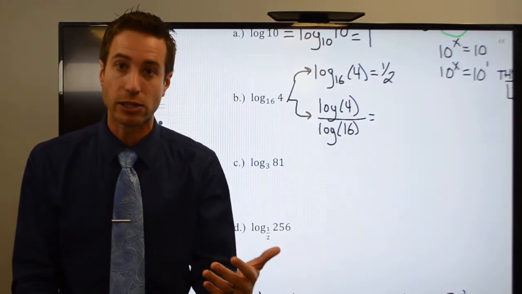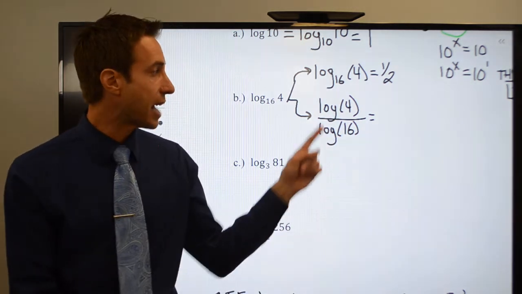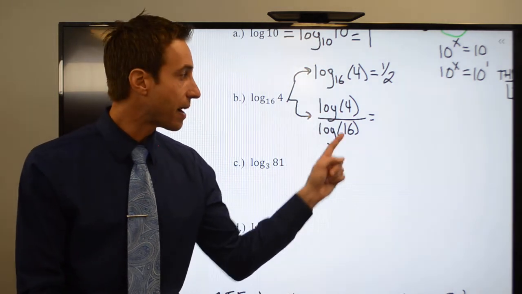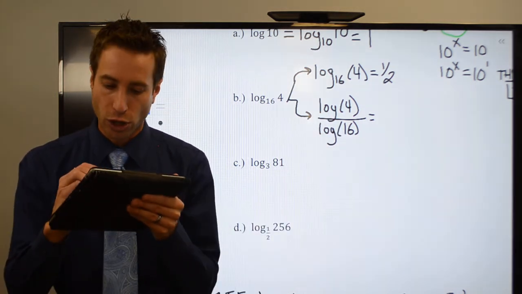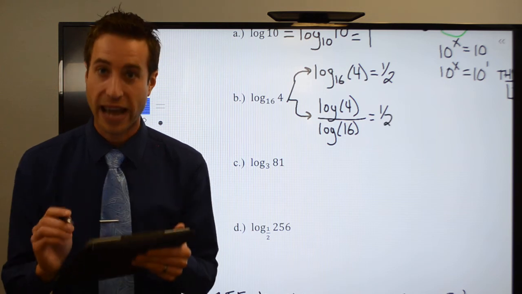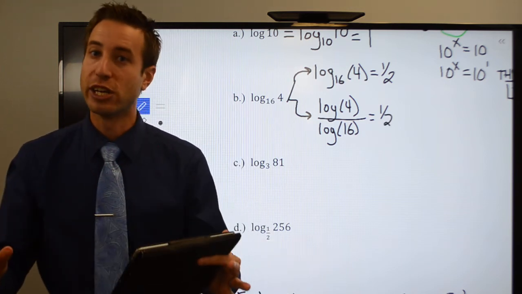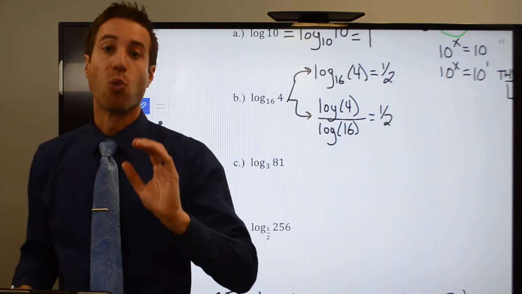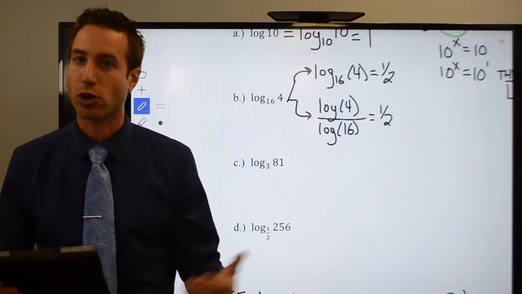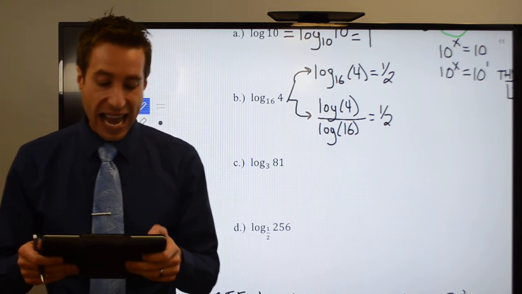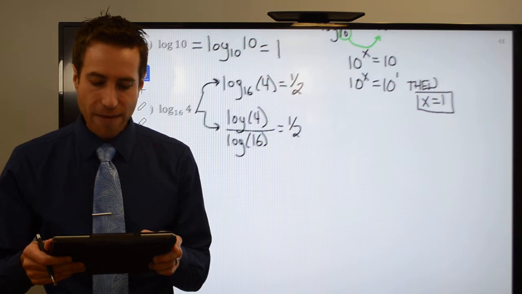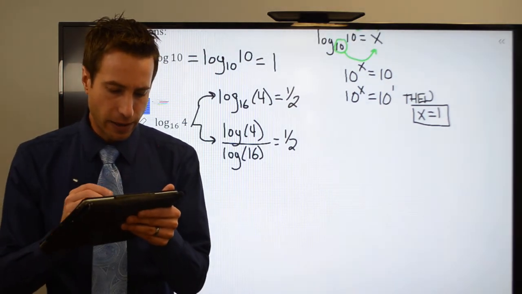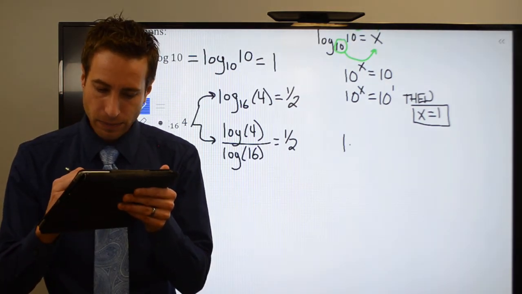The base isn't written, so it's an implied 10. And if you do that, log of 4 divided by the log of 16, you are going to get 1/2. So depending on which calculator you have, there's a way to do these problems regardless of the calculator that you have. And of course, as I promised, if you have forgotten your calculator, don't worry about it.